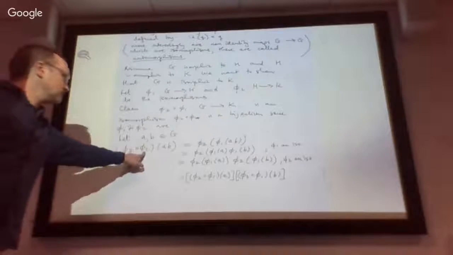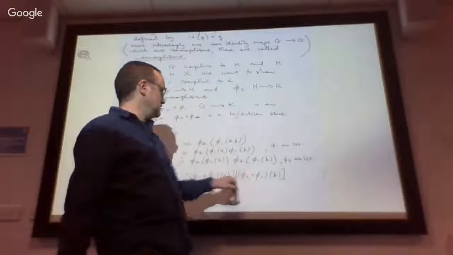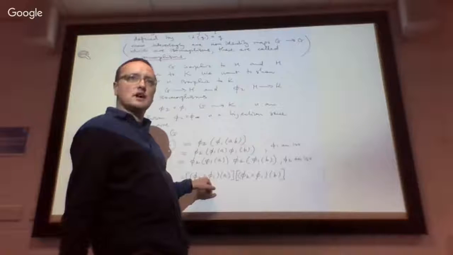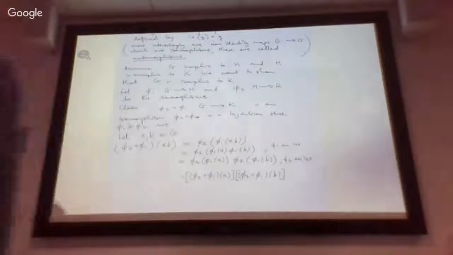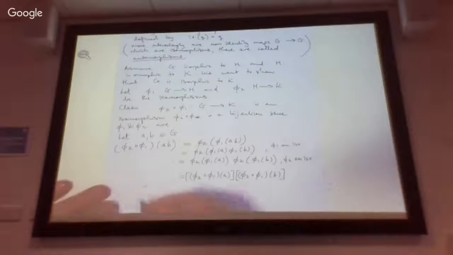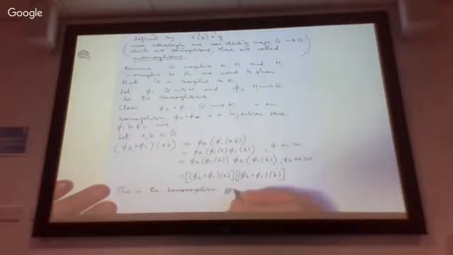You've got phi2 after phi1 at the product equal to the product of the individual images of phi2 after phi1, applied to A and applied to B. Okay? So this is the homomorphism property for phi2 after phi1.